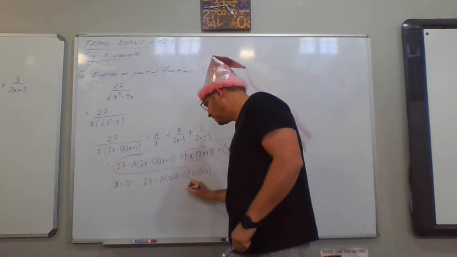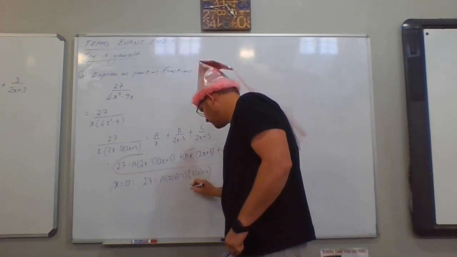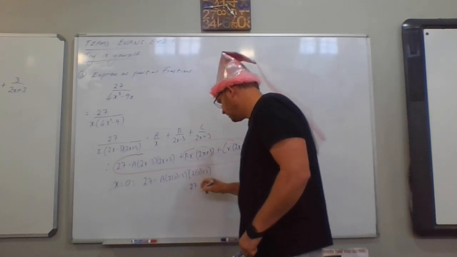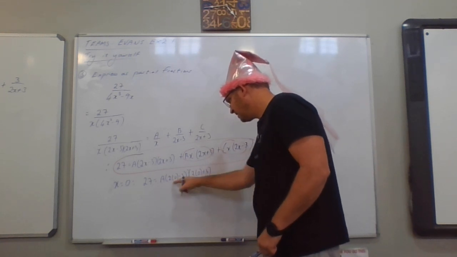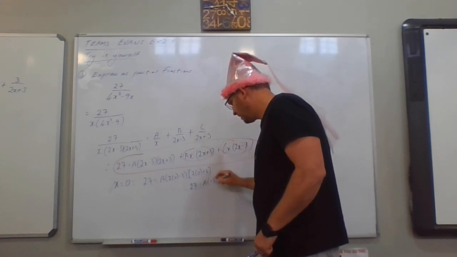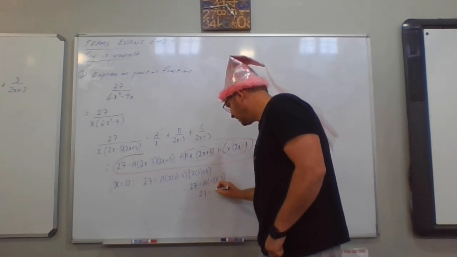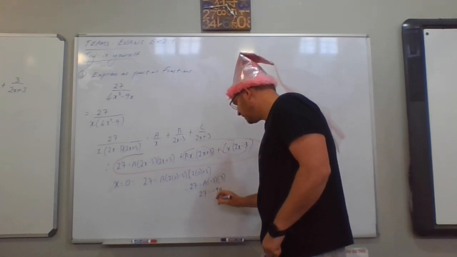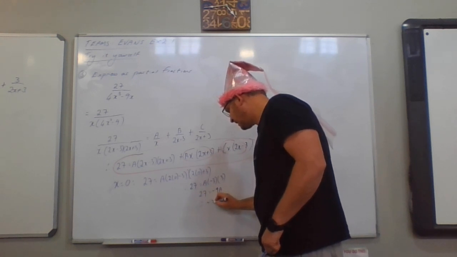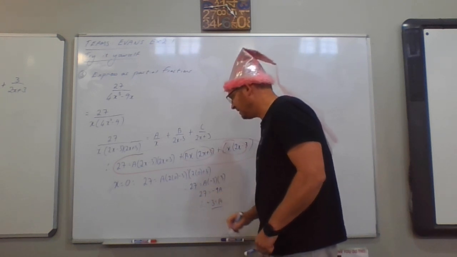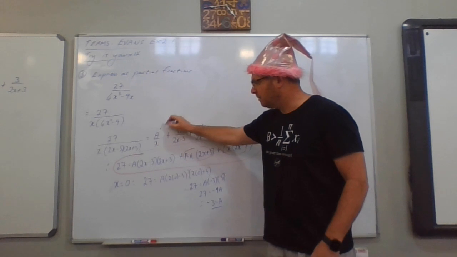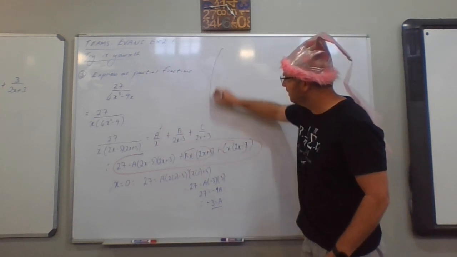So I end up with 27 is equal to a times negative 3 times 3. So I'll get 27 is equal to negative 9a, divide by negative 9, and I get negative 3 is equal to a. Cool beans. So I've got a.